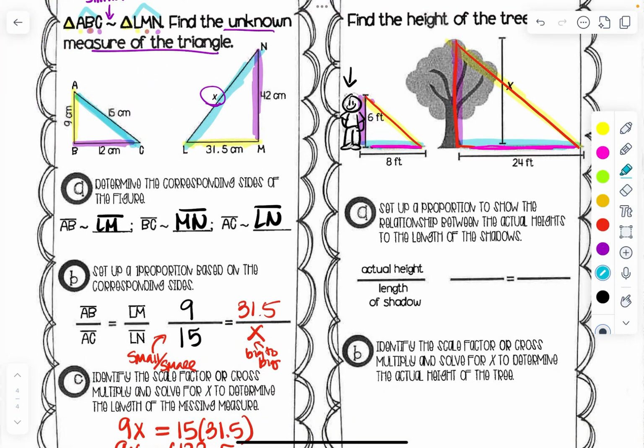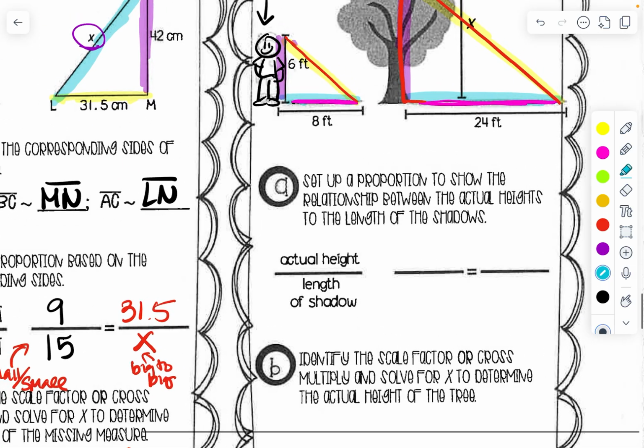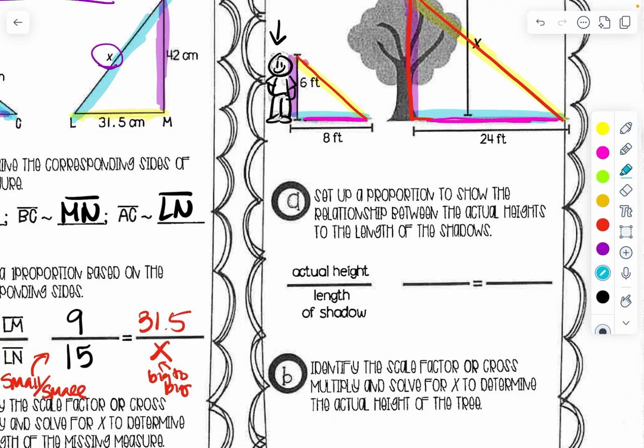So now we're going to set up a proportion to show the relationship between the actual heights to the length of the shadows. So we're going to first do the man. We're going to do his actual height, which is 6 feet. Let's go ahead and put a 6 up here. We're going to take his height to his shadow length. His shadow length is 8 feet.